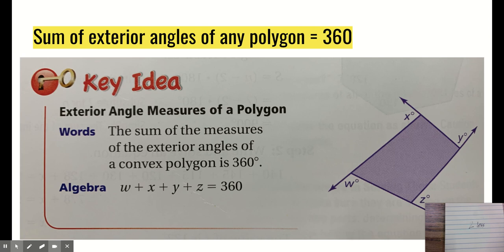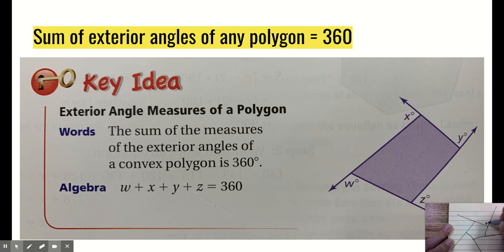Now, if we have a polygon, the exterior angle is considered if you had any figure, okay, and you continue this line straight. Then you go to the next one, you continue it straight out. You go to the next one, you continue it straight out. And see how we're kind of like rotating around this and continuing to draw those lines straight out?